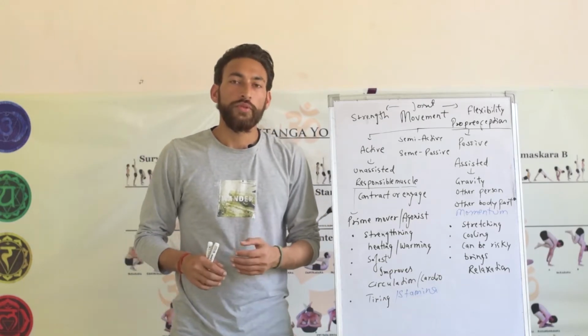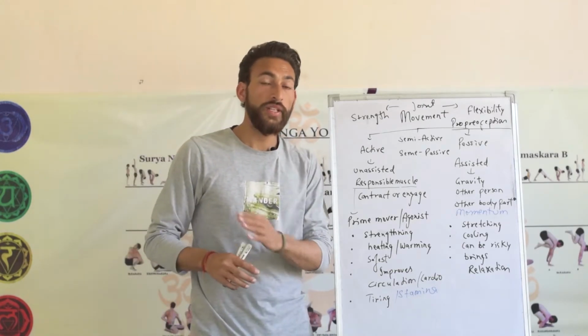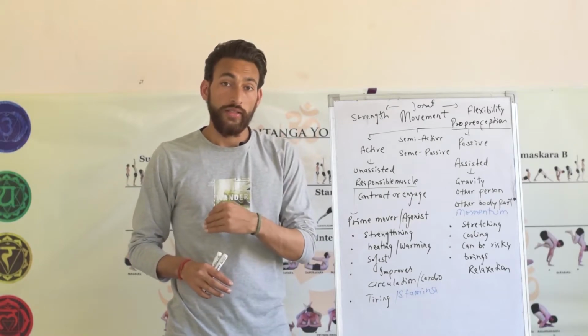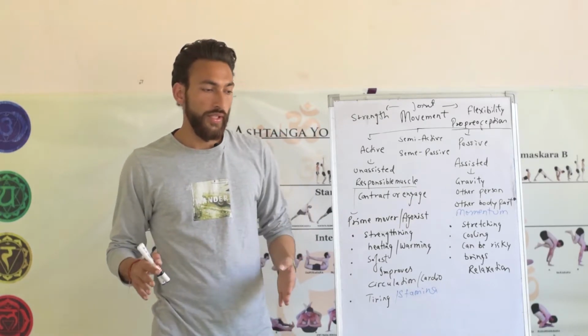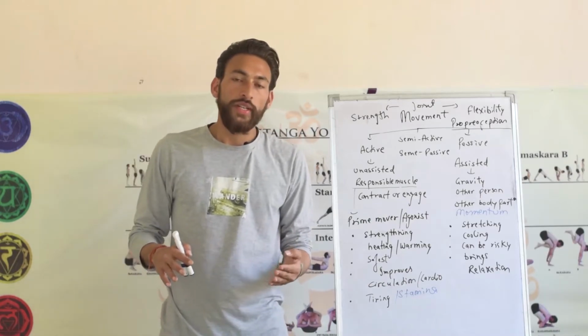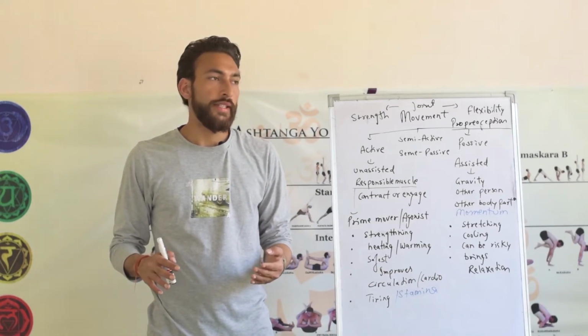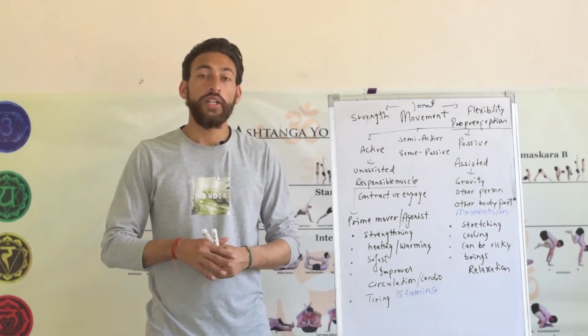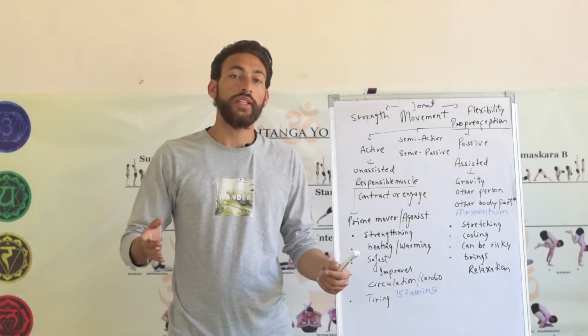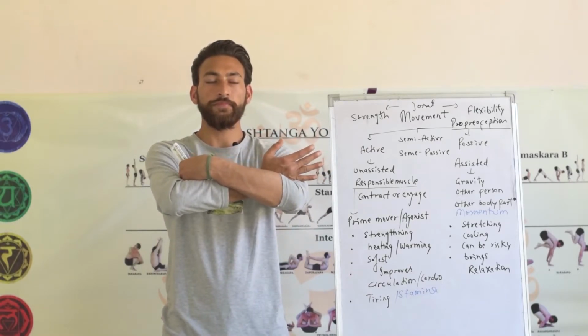There are so many poses in yoga which have to be done passively. But that's where many people get injured. For an example, let's take the lotus position. Lotus position is one of the fancy positions where we cross the legs over each other like this.